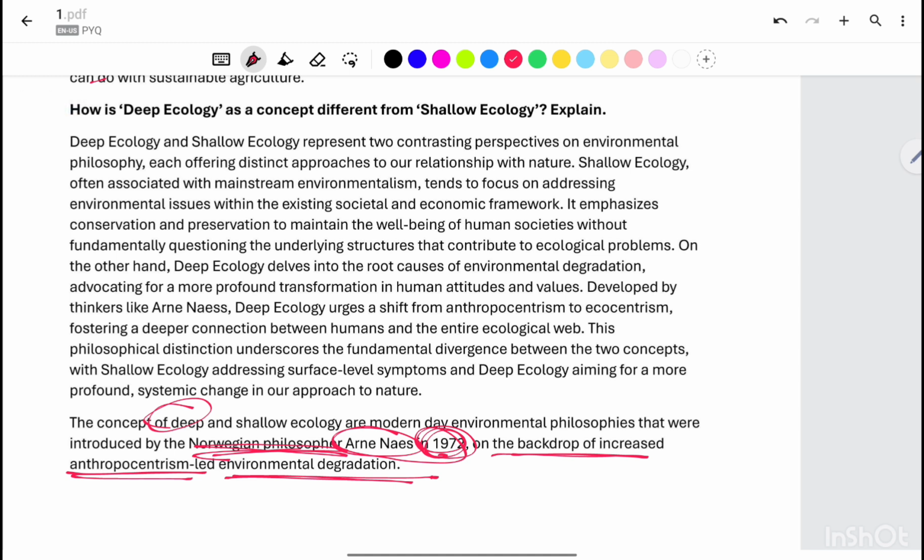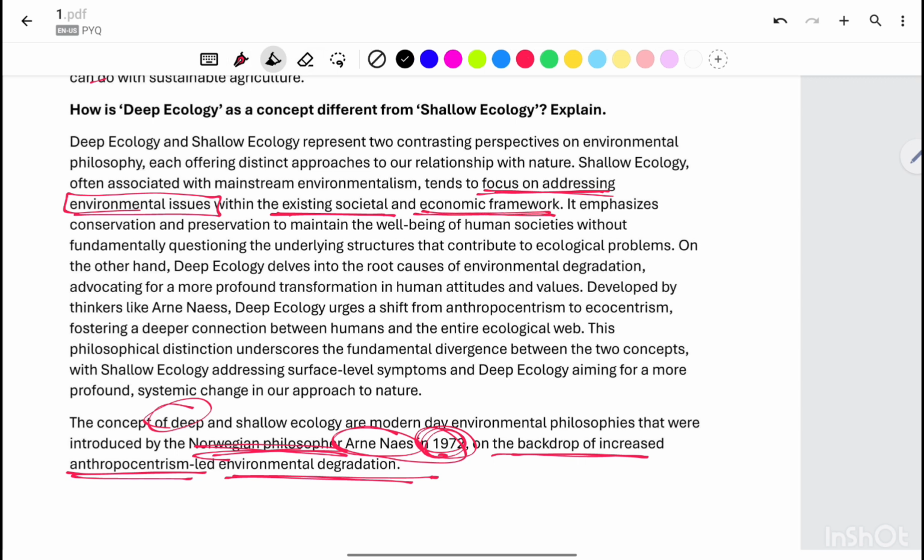The shallow ecology is associated with mainstream environmentalism. Environmental issues are there, and we address them using existing societal and economic frameworks, right?